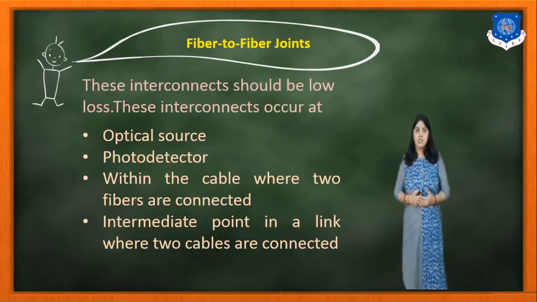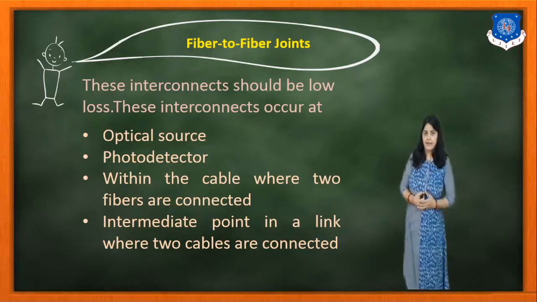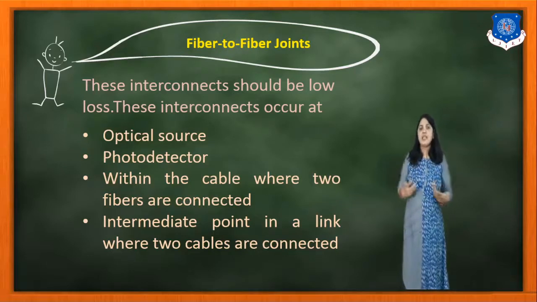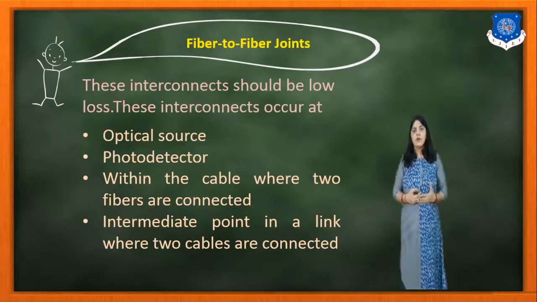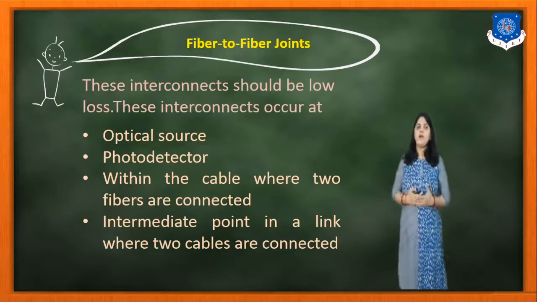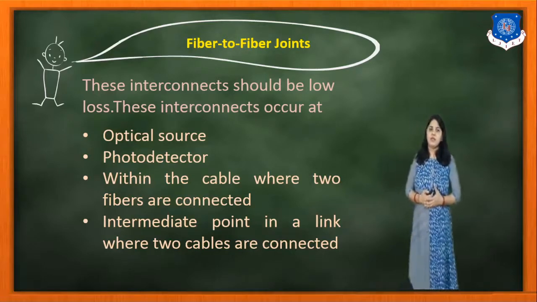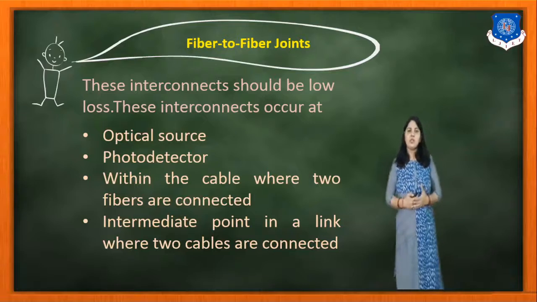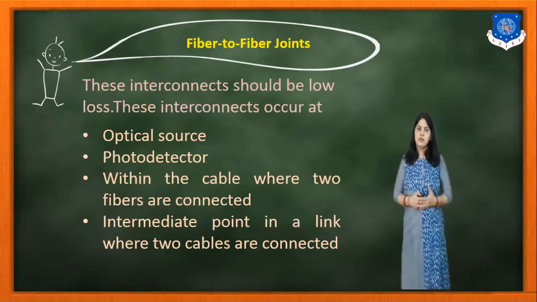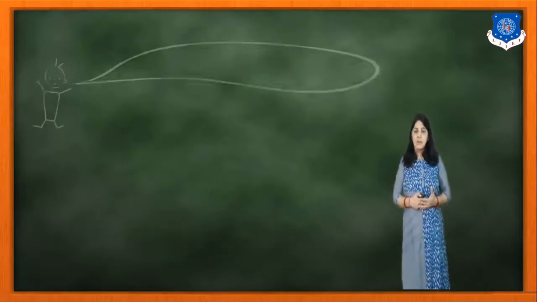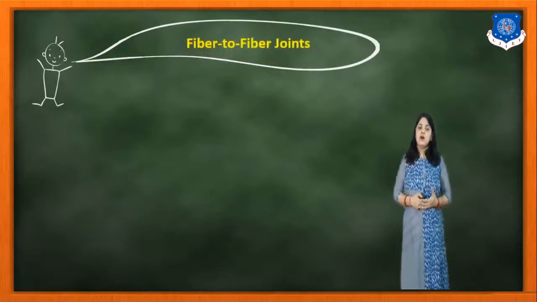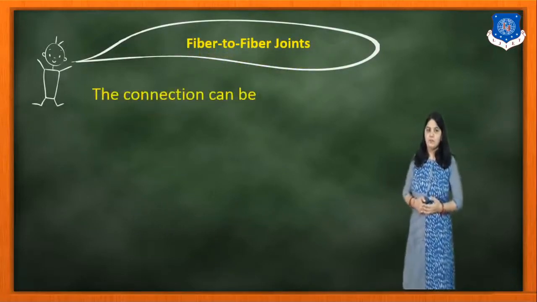Within the cable, where two fibers are connected, when a larger length is required, we need to join the two fibers. Also at an intermediate point in a link where two cables are connected. So this is the primary introduction regarding the fiber to fiber joint.